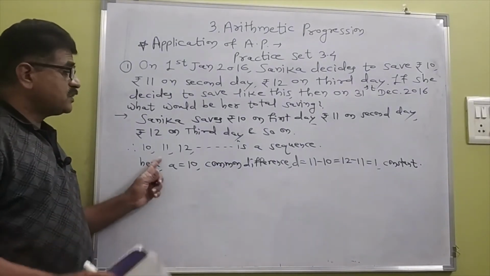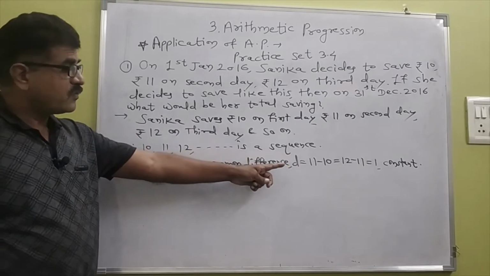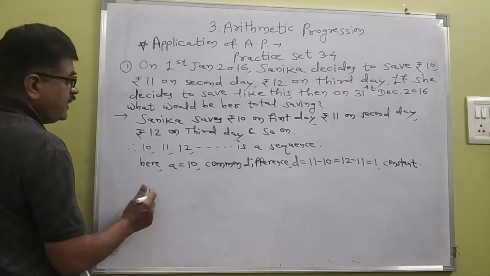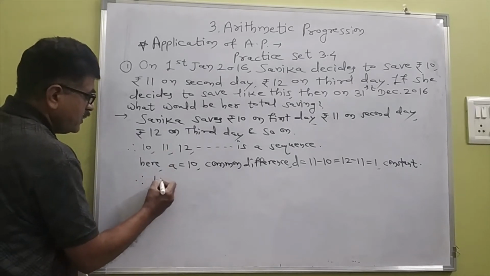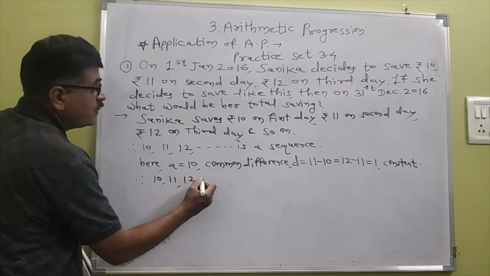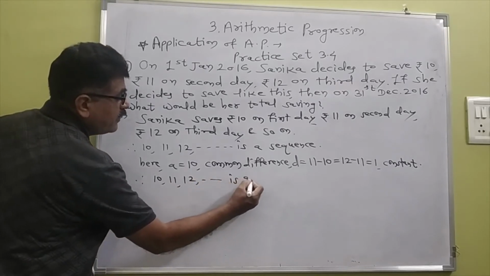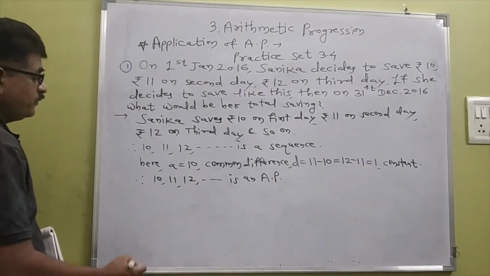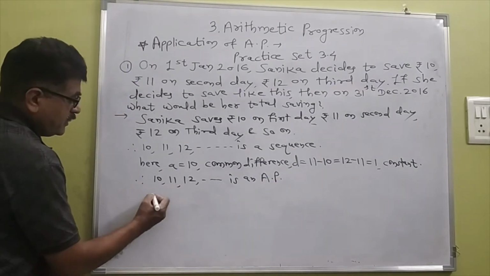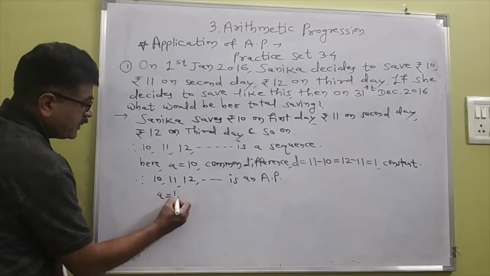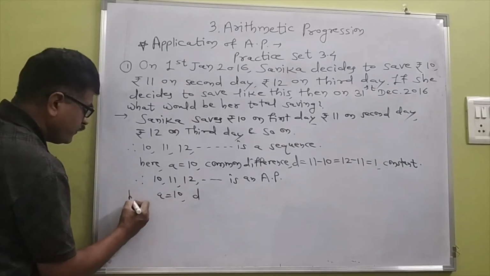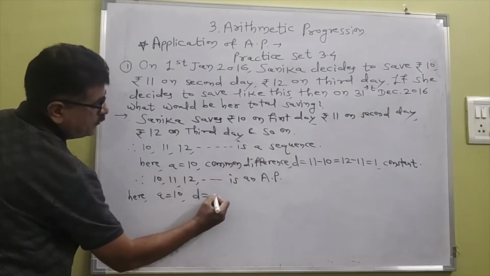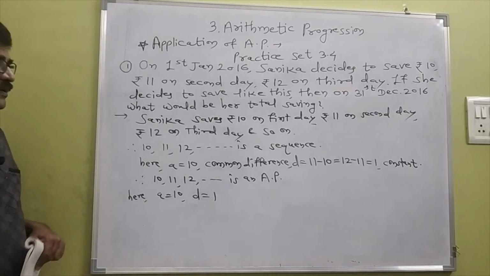Now a is the first term and d is a constant common difference, so this is an AP. Therefore 10, 11, 12 and so on is an AP. Here a is equal to 10, d is equal to 1. That is, the common difference is 1.